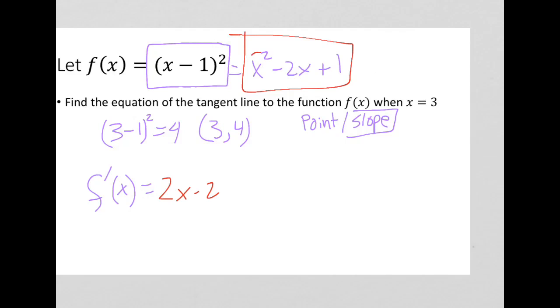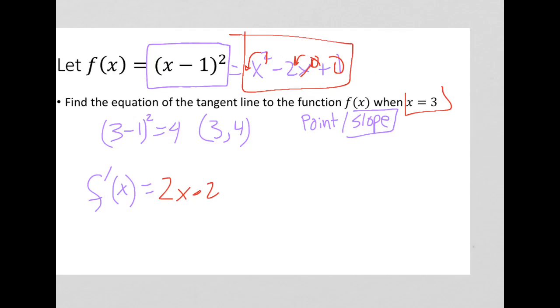We multiply the power by the coefficient, subtract 1 from the power, so then it becomes 1. And we do the same thing here. It was 1 there, so we multiply by that. We get the negative 2, and we drop it to 0. Whoa, 0, so it goes away. And a derivative of a constant term is always 0. So we end up with our 2x minus 2 as the derivative function.